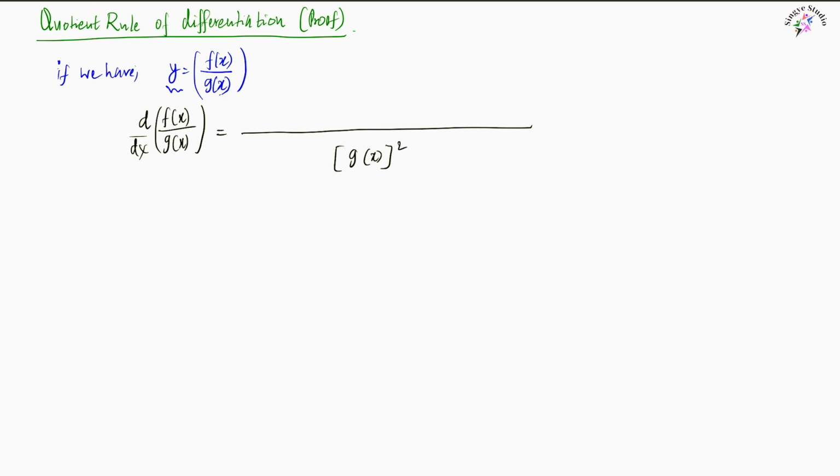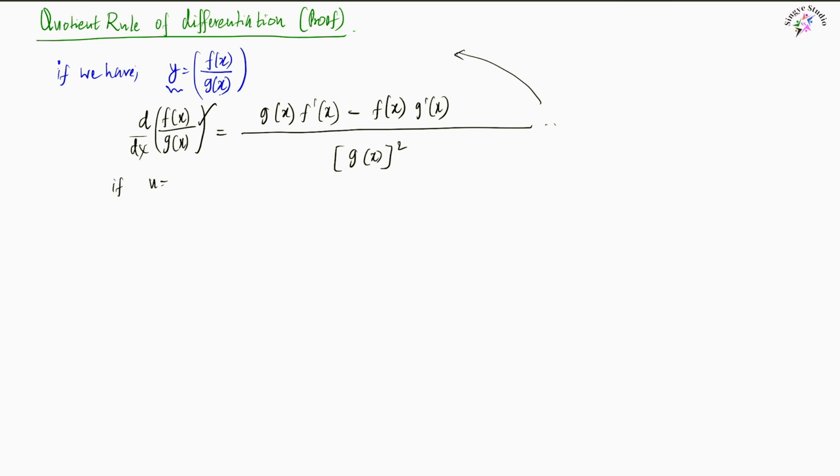On the numerator, we have the function at the denominator times the derivative of the function at the numerator, minus the function at the numerator times the derivative of the function at the denominator. And this is the quotient rule of differentiation.